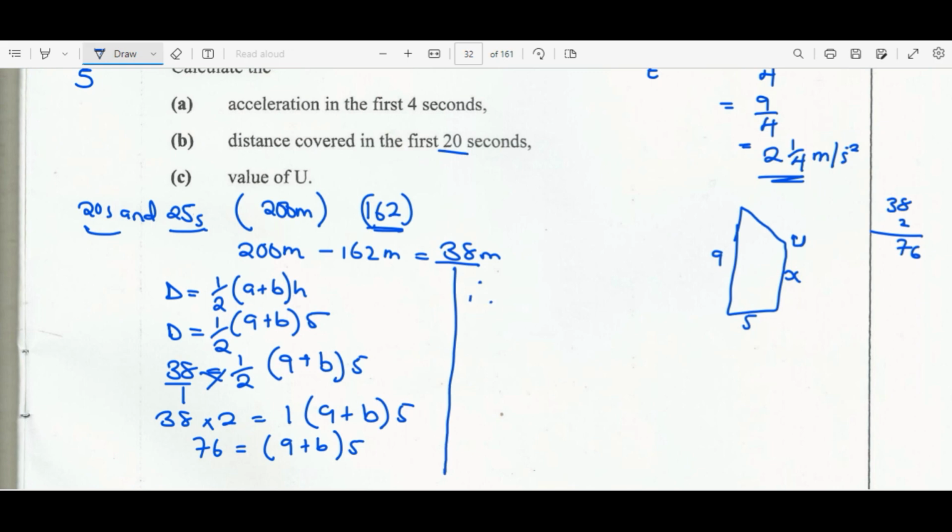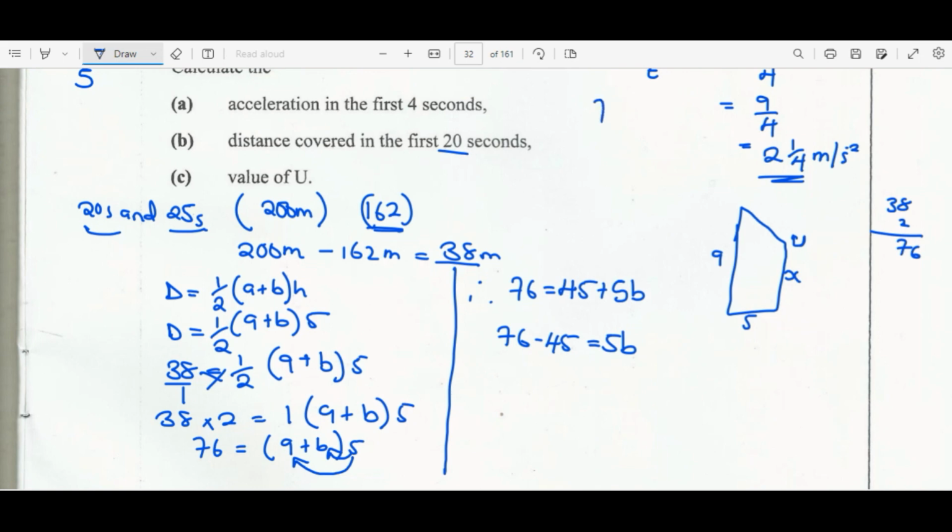Therefore we would say 76 is equal to, so 5 we multiply by 9, so 5 times 9, it will give us 45, and then 5 times b, we're going to have 5b. So we collect the like terms, we would say 76 minus 45 is equal to 5b.